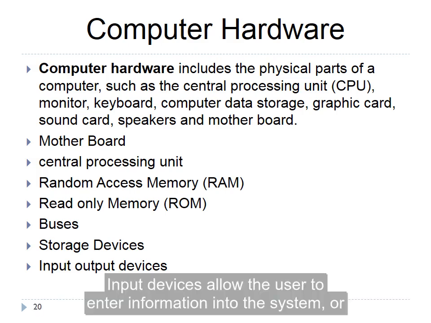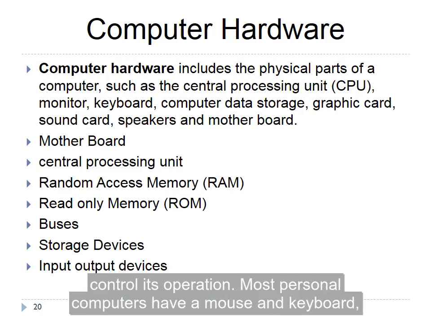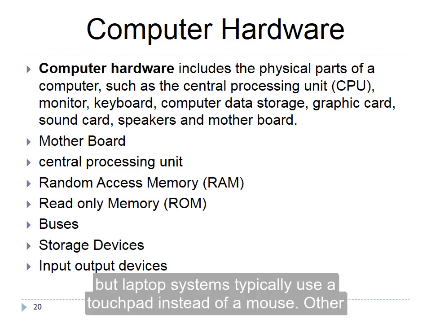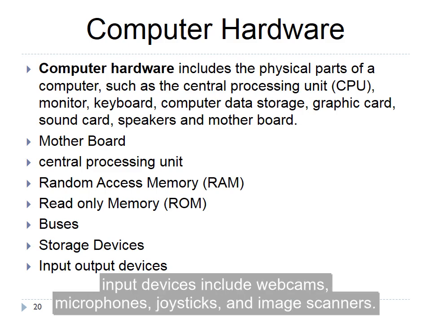Input and output devices. Input devices allow the users to enter information into the system or control its operation. Most popular computers have a mouse and keyboard, but laptop systems typically use a touchpad instead of a mouse. Other input devices include webcams, microphones, joysticks, and image scanners.